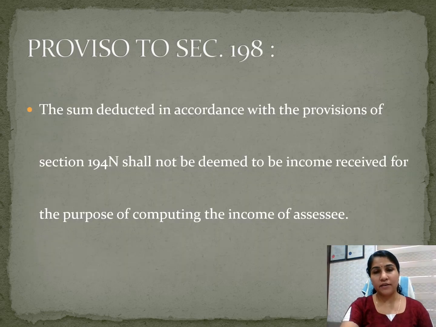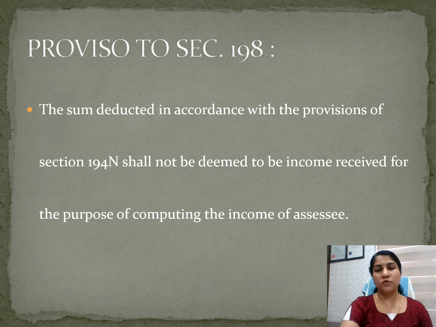Section 198 of the Income Tax Act states that tax deducted is income received. Any tax deducted as per provisions of Chapter 17B from Sections 192 to 196D shall be deemed to be income received by the assessee and shall be included in computing his income.